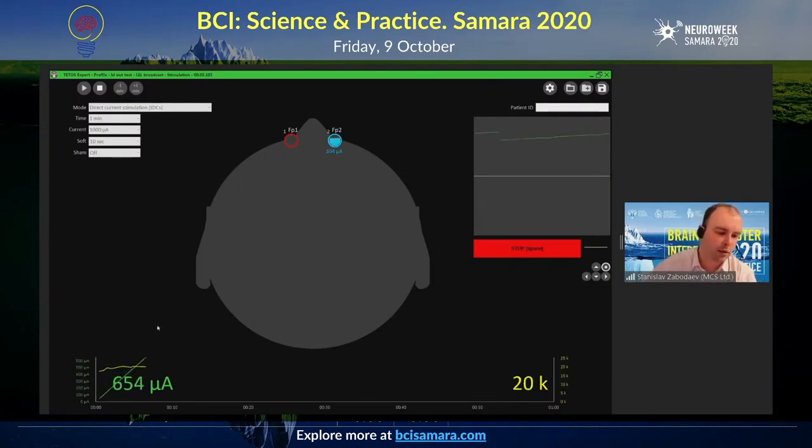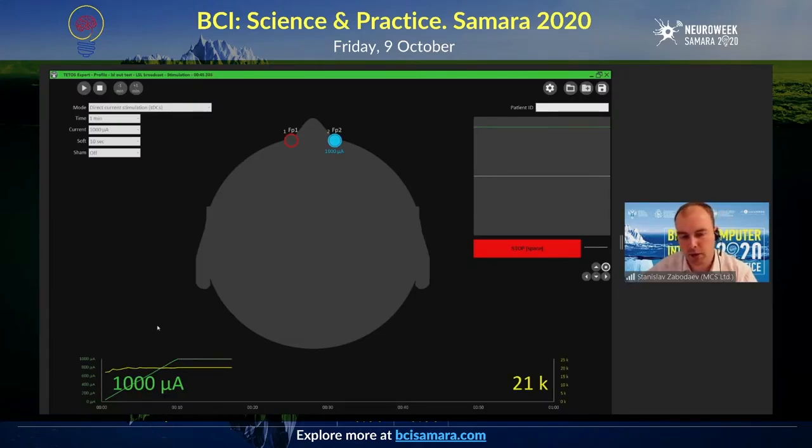So I've started the stimulation. You see that the voltage is on the rise. There is a cyclogram on the bottom, which is showing us a correlation between the current used and the inter-electrode impedance. So the software monitors the situation, measures approximately 21 kilo ohms under the electrode.